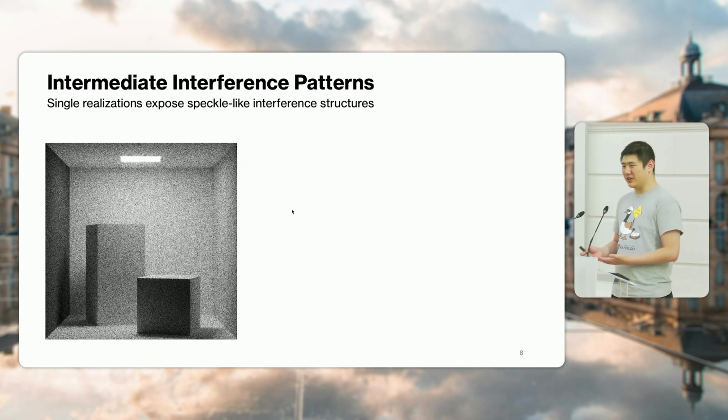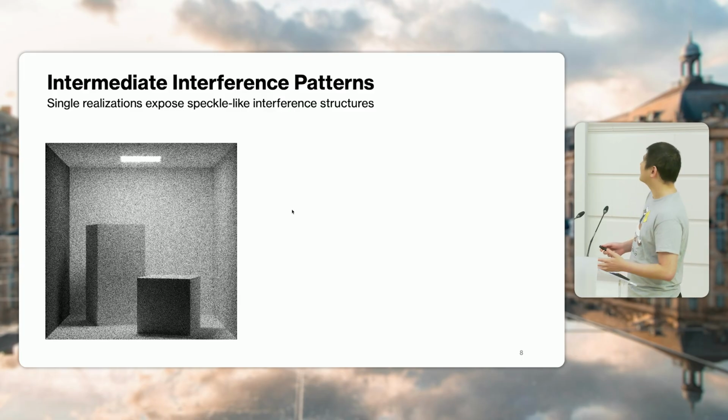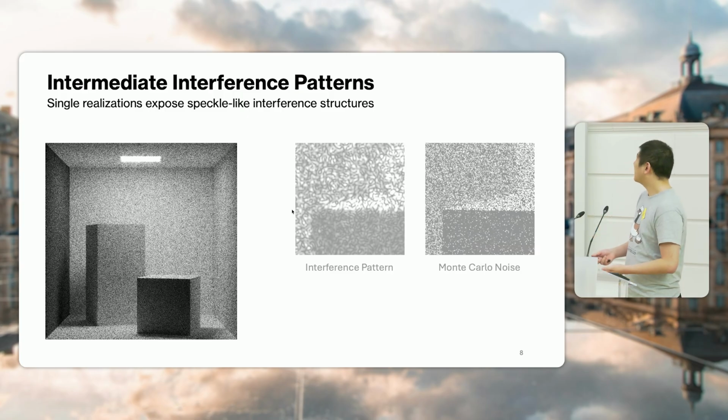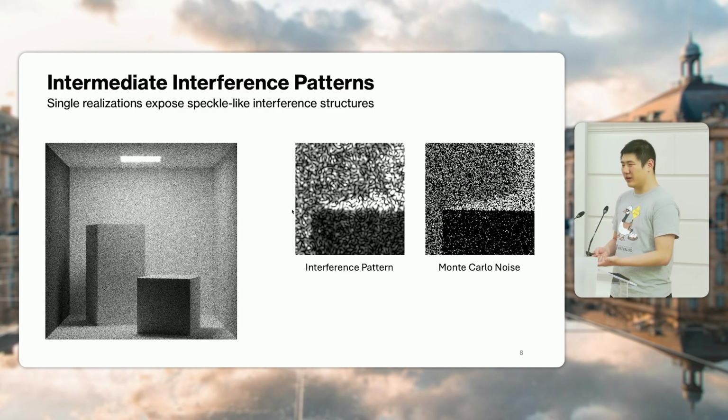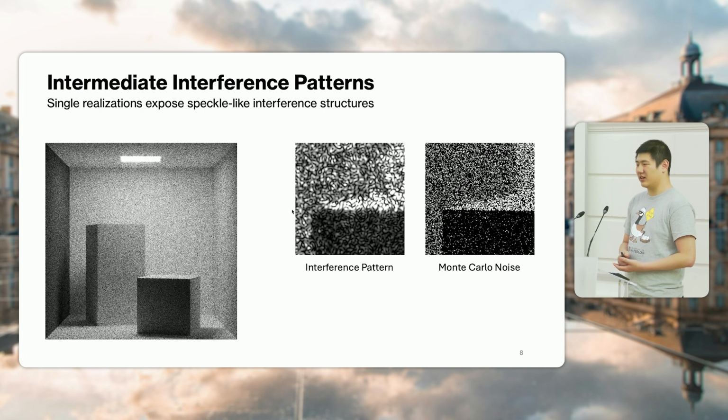So here we look at a single statistical realization, and at first glance, it's noisy, and we think we've encountered this many times. But if we zoom in, we will notice that this is not the Monte Carlo noise we usually encountered before, and this is actually interference structure generated by our construction.